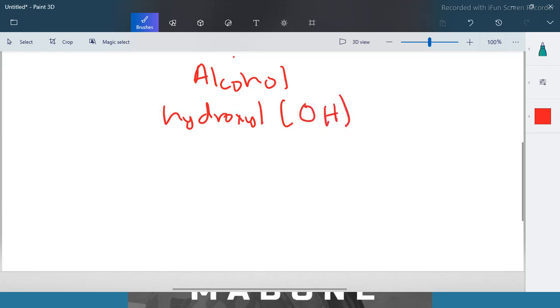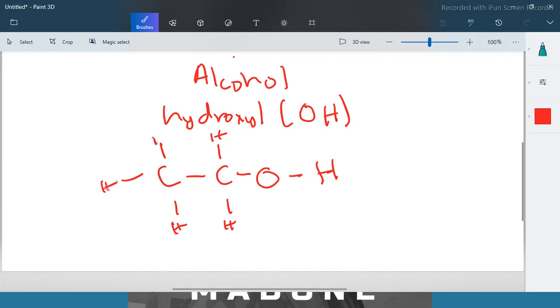What does it mean? Remember when I drew an alkane earlier on, I said C, and I drew something like this. Now, because this thing is an alcohol, it will have a reaction with OH. Simple as ABC, guys.